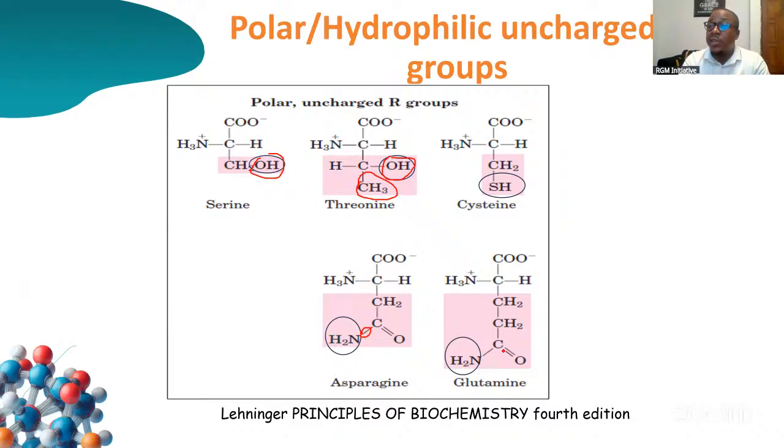For glutamate, you have oxygen here, but for glutamine, the oxygen is replaced with what? Amino group. So we call it glutamine. If you can draw the structure of aspartate, you can draw the structure of asparagine. If you can draw the structure of glutamate, you can draw the structure of what? Glutamine. It's just a slight difference.